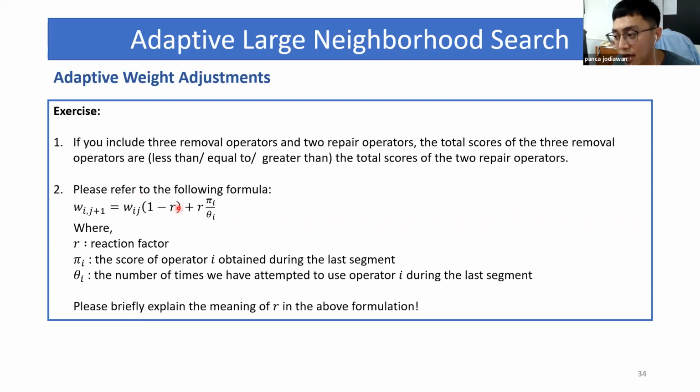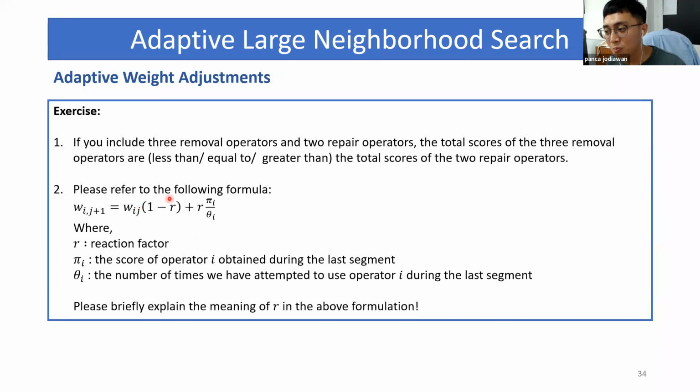However, if we make the R smaller, then we put more emphasis on the historical records, because the Wij is resulted from the Wij minus 1. The Wij minus 1 is resulted from the Wij minus 2. So it is connected with the previous historical records.